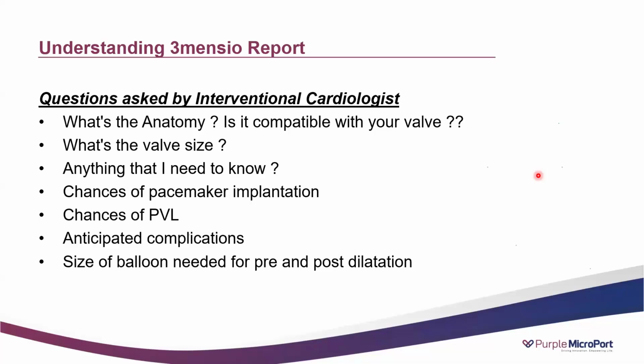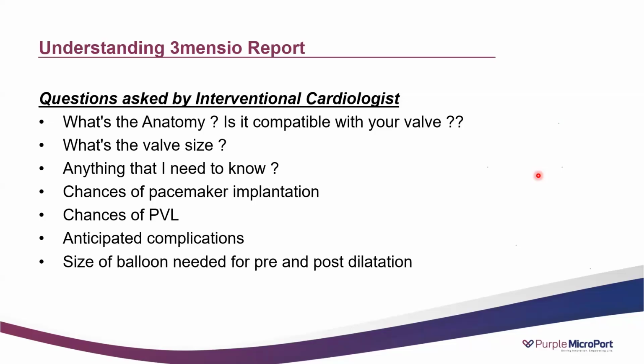Now, if at all, after the valve implantation, the valve frame is constricted, it is not expanded properly, your balloon should be as per the average size of the annulus. So suppose the average size is 18, you have to go with the 18 balloon. You cannot go with the 16 balloon, because you have to ensure the valve expands properly.